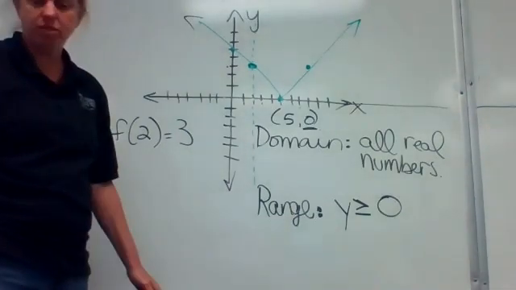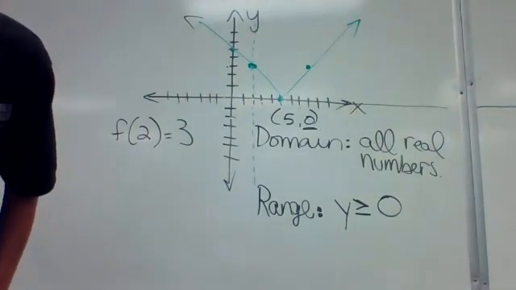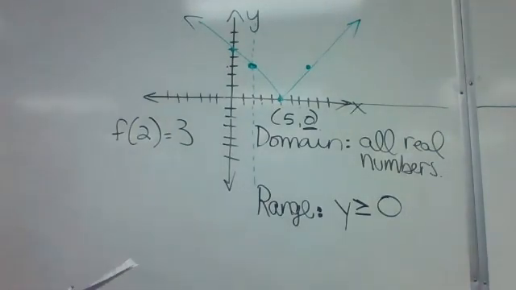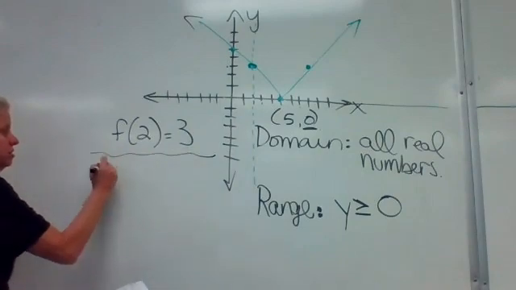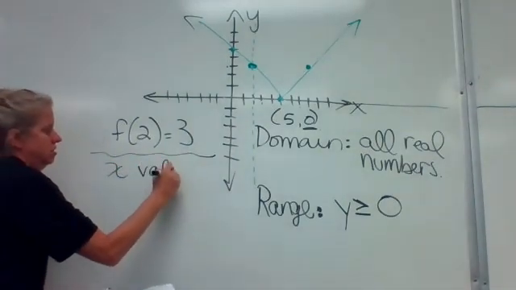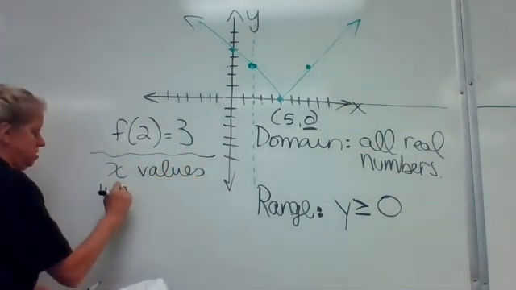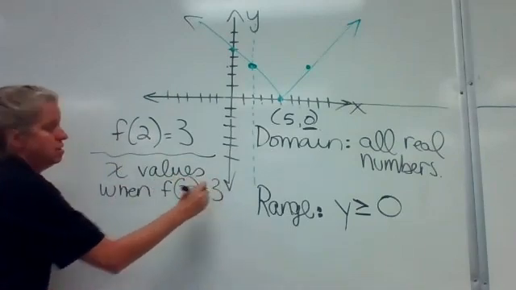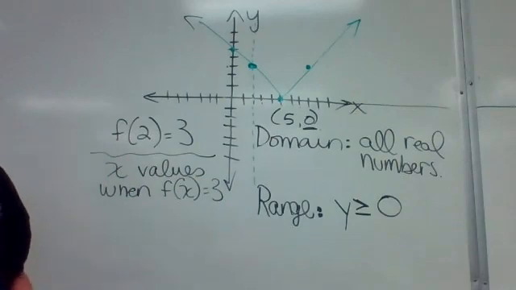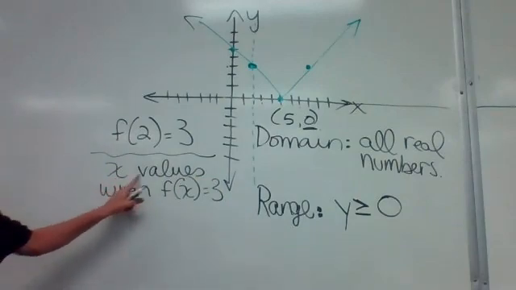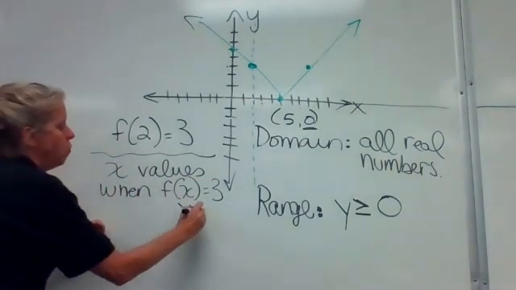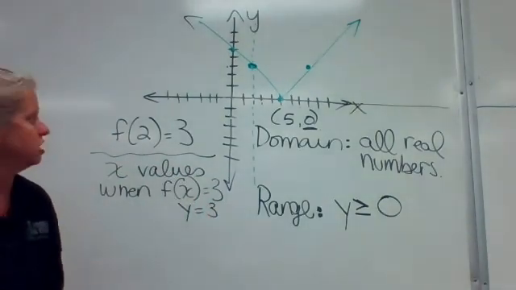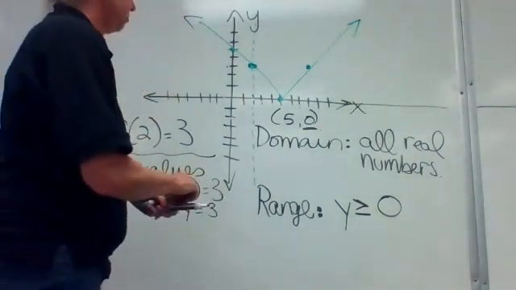And the last part of this one wants to know for what x values is f of x 3? So remember, this is really saying what are the x values when y equals 3? So let's find where y is 3.